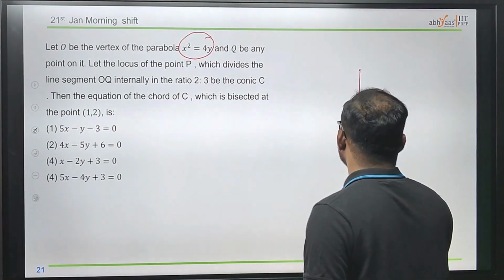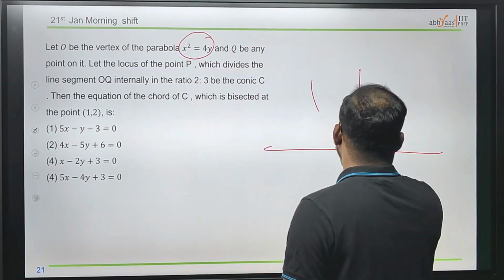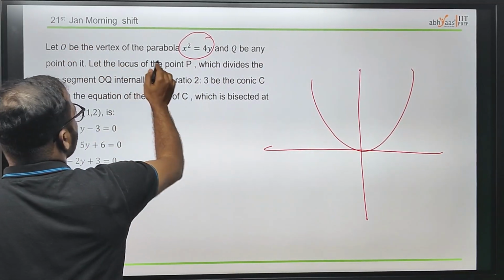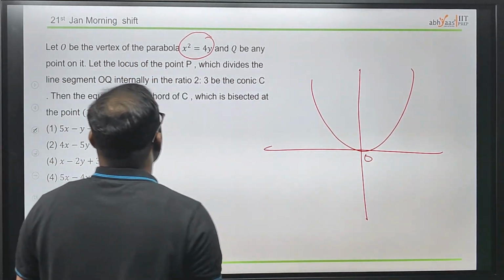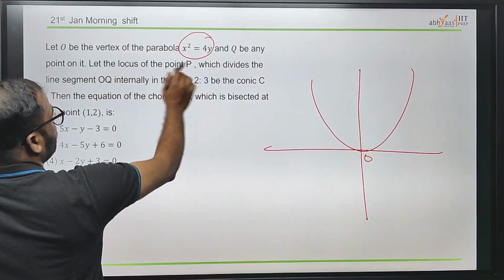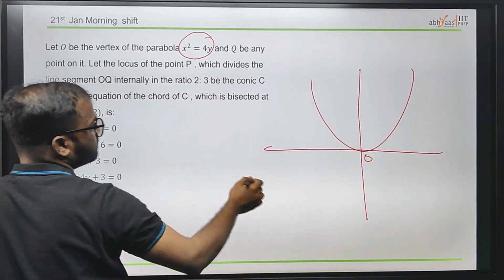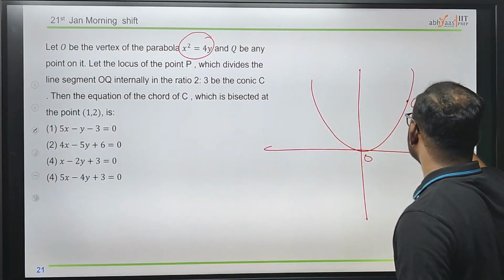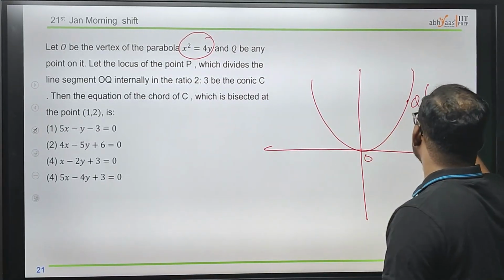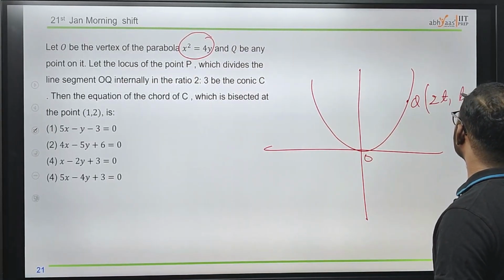Next question, on the parabola, which is given as x square is equal to 4y. We can see here by drawing the graph of this, we may have this one. Okay, and they said O is the vertex of the parabola, which is our origin 0, 0, and Q is any point on it. Since Q is any point, we use a parameter, which is 2t comma t square.